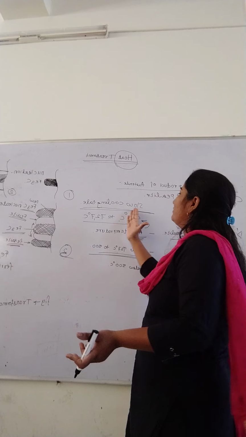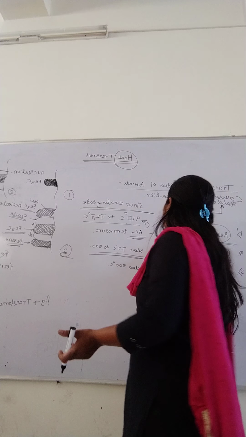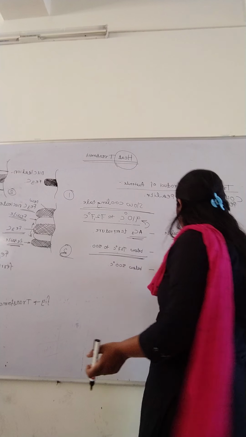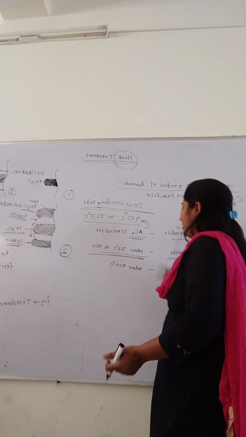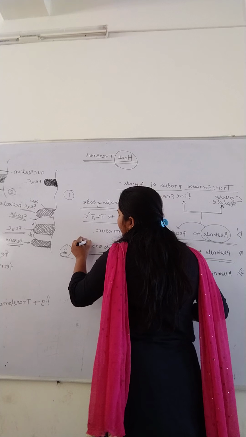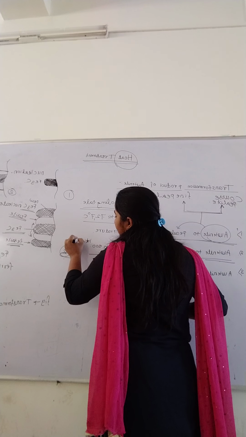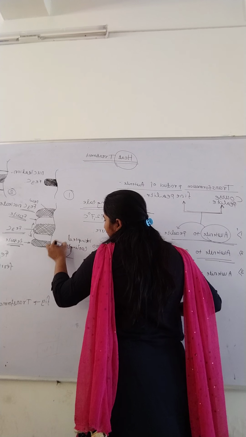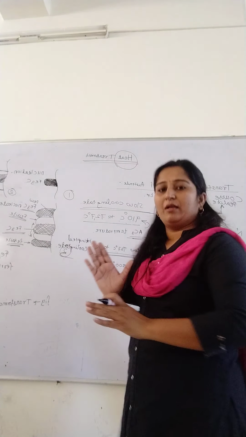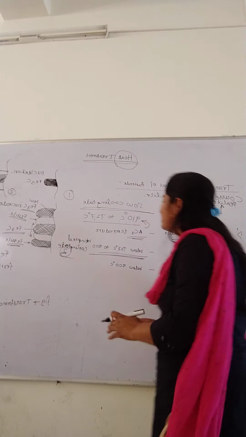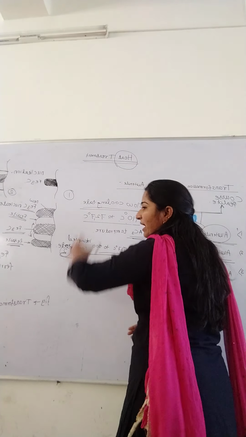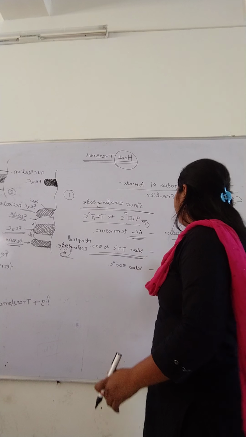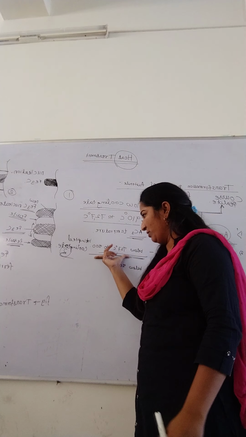We know that a slow cooling rate produces the pearlite. Now, the bainite transformation requires an interrupted cooling rate. Interrupted cooling means sudden cooling, then stopping, and then cooling the metal again. So we get the bainite transformation.